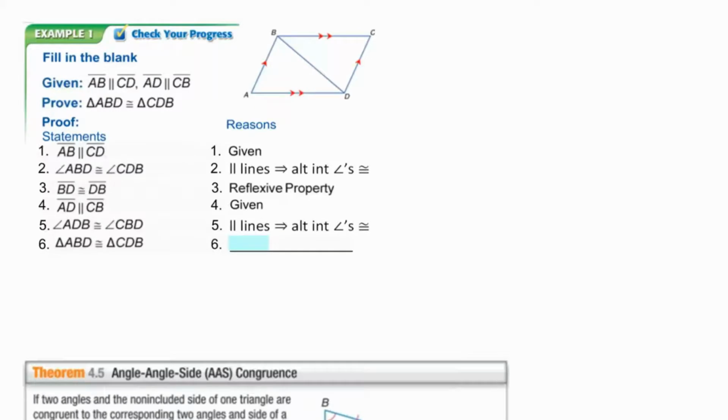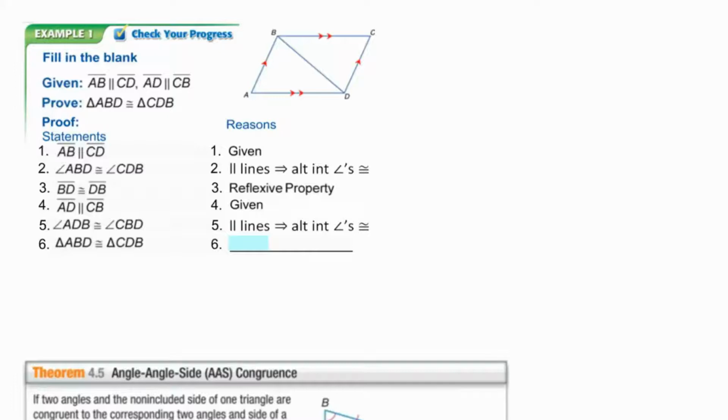In this next fill in the blank proof, we have that AB is parallel to CD and AD parallel to CB. And we want to prove the 2 triangles are congruent.